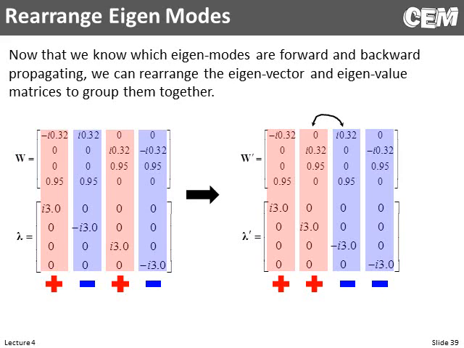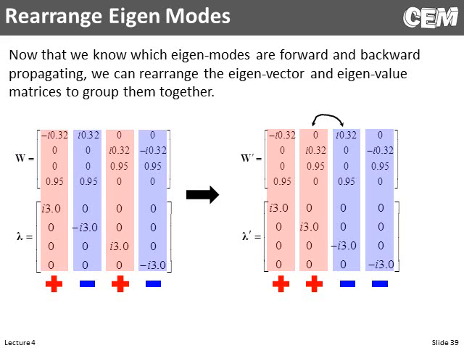Now remember, eigenvectors and eigenvalues occur in pairs. So if we're swapping columns around, we need to do the same thing to the W matrix that we do to the lambda matrix and vice versa. We swap them together. They always stay together. Otherwise, we're going to end up propagating one mode with another mode's propagation constant, and that causes craziness.